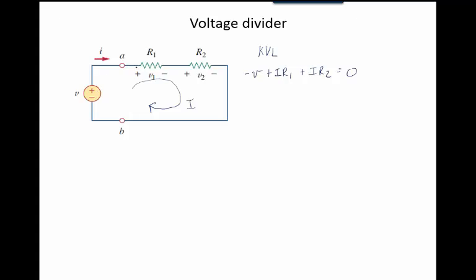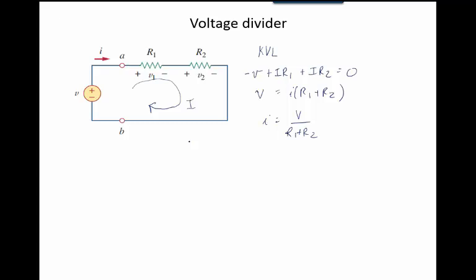The resistors, I hit the plus sign first. So that's how I made my sign conventions on there. So then I get V equals I times (R1 plus R2). And then I get I equals V over (R1 plus R2). So now I know what the current is in the loop.